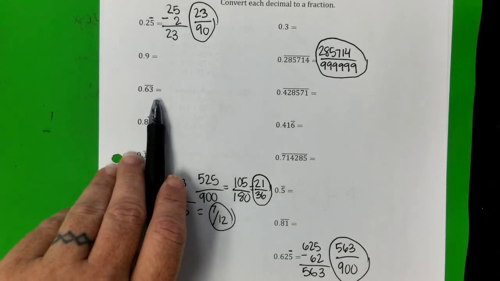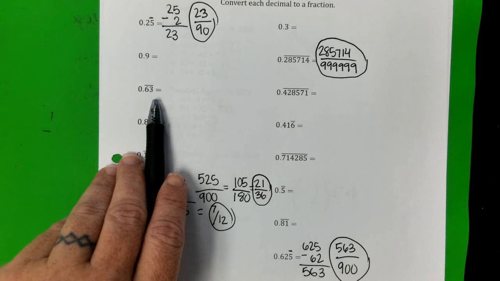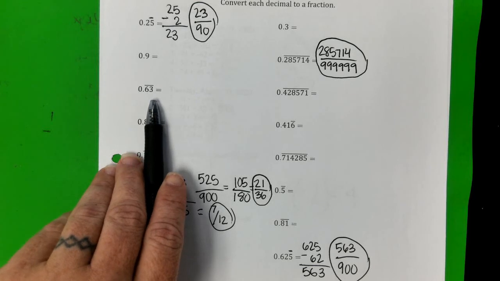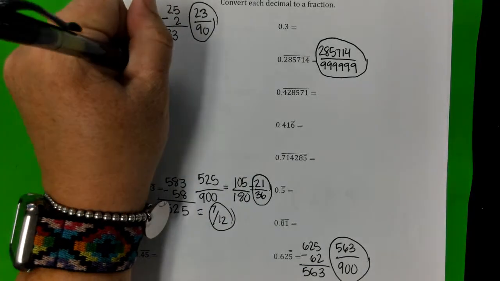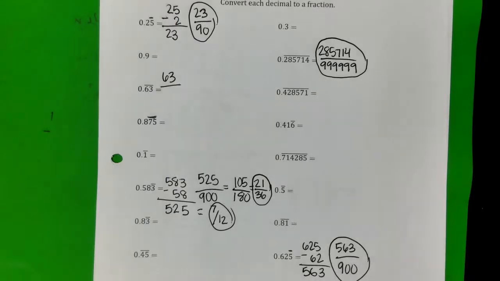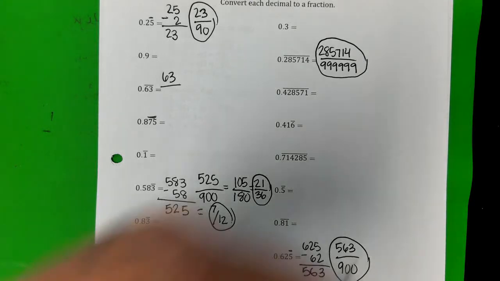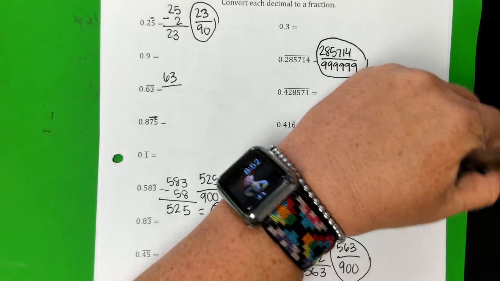All right. The bar is over both digits. So that means both digits are repeating. Okay, so that is my numerator, 63. Now, how do I figure my denominator? You put a 9 as the denominator for every number that has a bar over it.